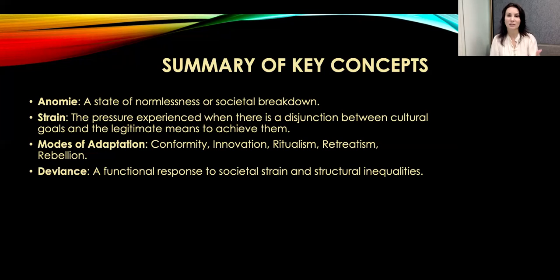They have different levels of accepting them and different levels of committing to institutional means. And those modes of adaptation or types are conformity, innovation, ritualism, retreatism, and rebellion. Sometimes I can't say this word.